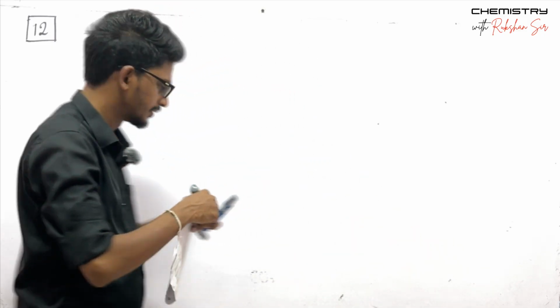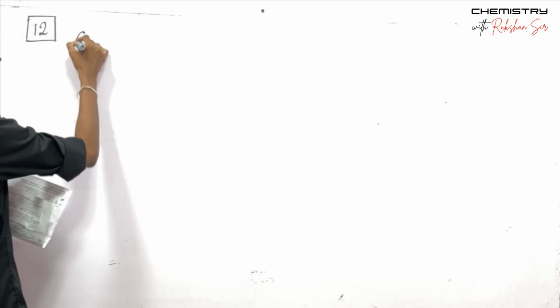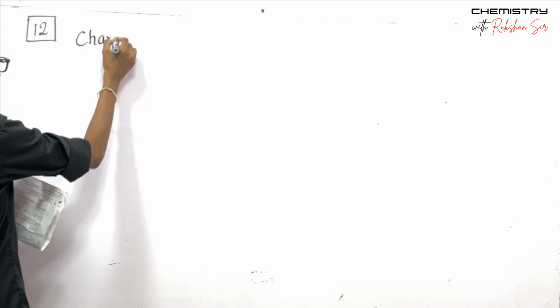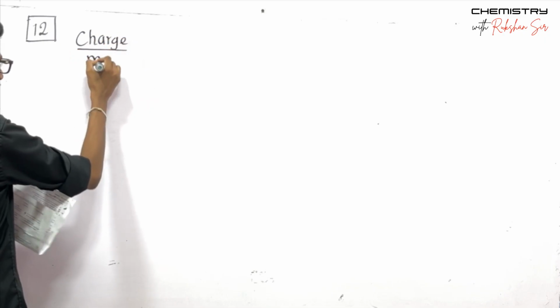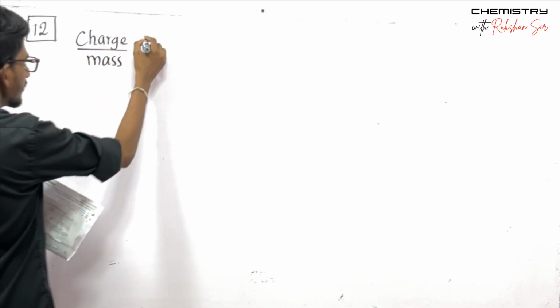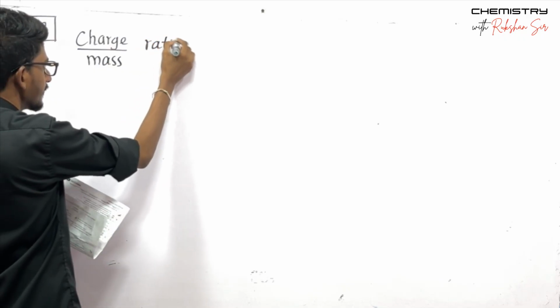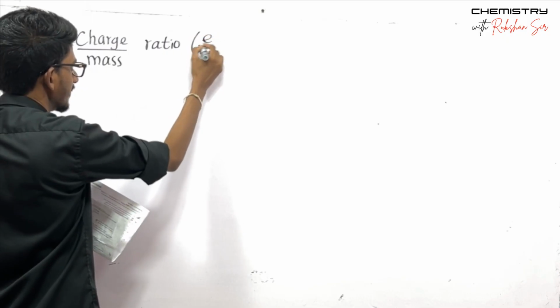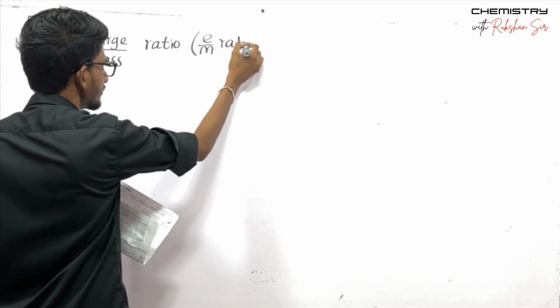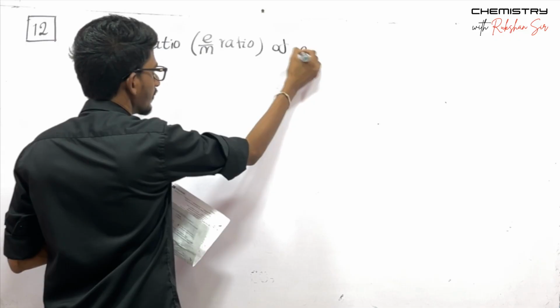The charge to mass ratio of the electron was experimentally determined accurately by, yes, J.J. Thomson. So this is about the charge to mass ratio, also known as the E/M ratio of electrons.